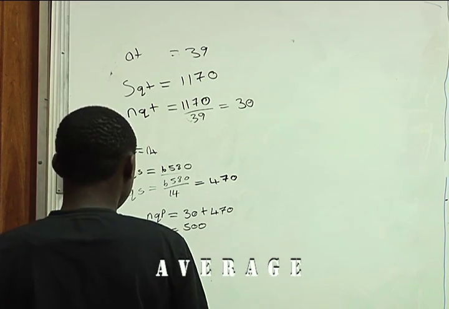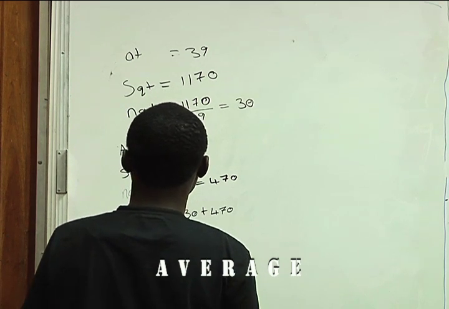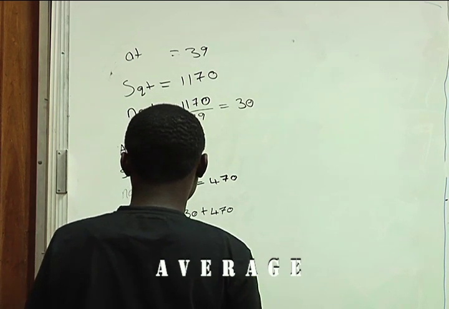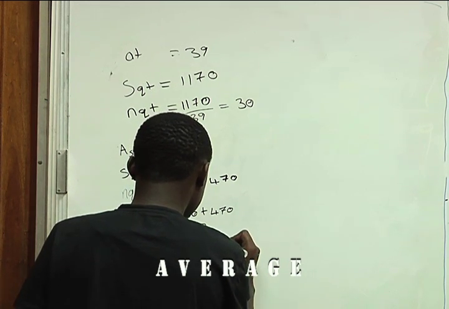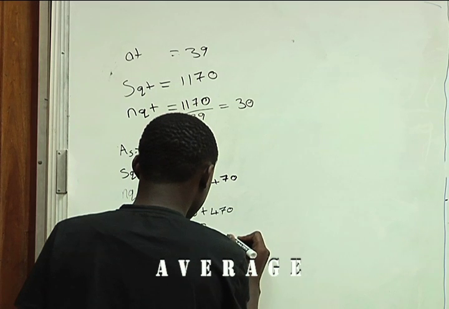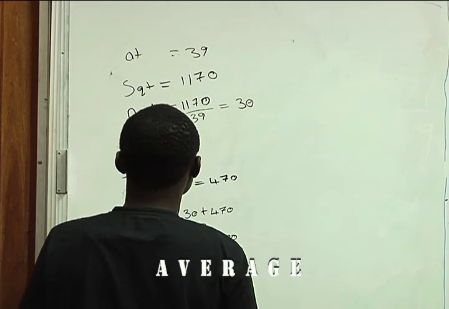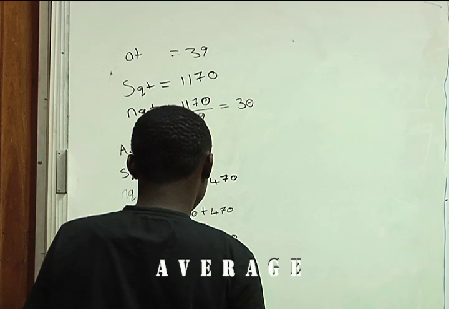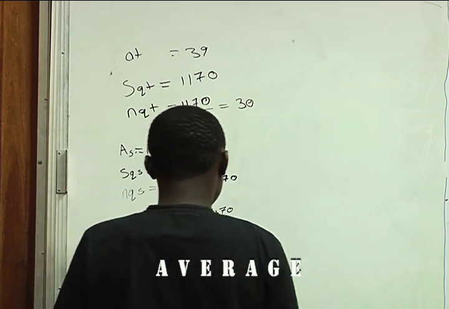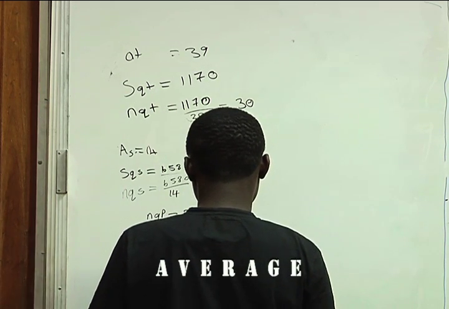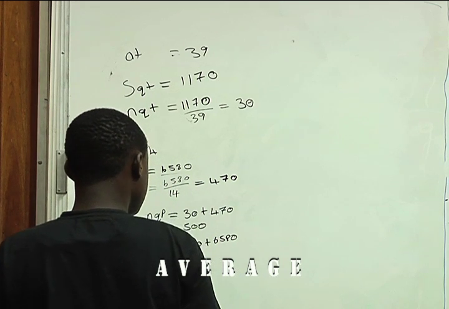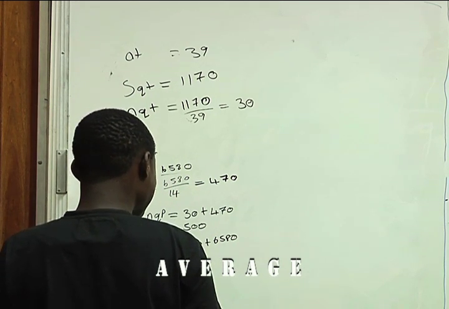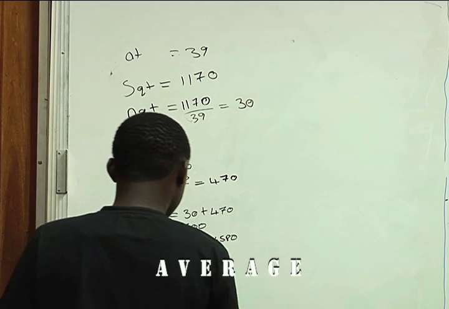Because two of them are people. So it equal to 1170 plus 6580. Add up that. When you add up that, how much I get? 7750.